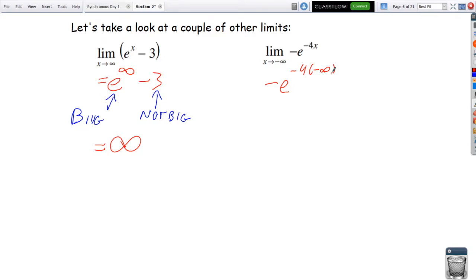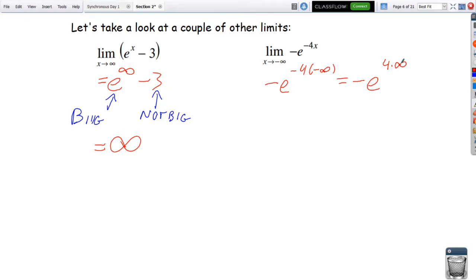Although I probably wouldn't write this out, I would just think this in my head. I now have negative e to the negative 4 times negative infinity. Well, negative 4 times negative infinity, negative times negative gives me positive. This becomes e to the 4 times infinity. Well, funny thing about infinity, infinity is infinite. It means it's not countable.